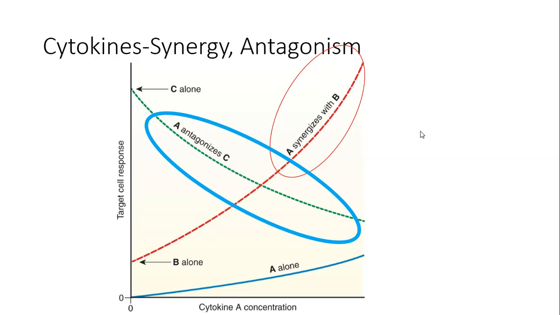So if we have, for example, really three cytokines that we're looking at: cytokine A, cytokine B, and cytokine C. Doesn't matter what they are.